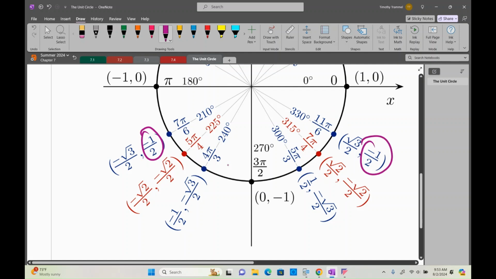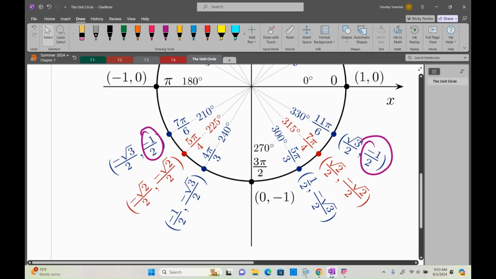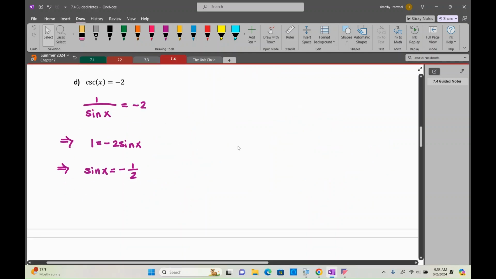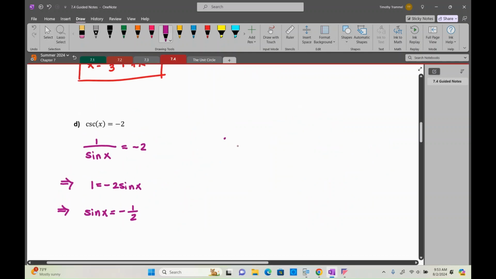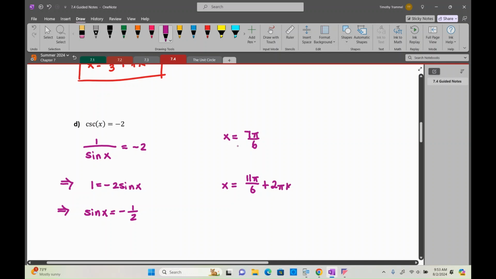So we have 7 pi over 6 and 11 pi over 6, and then everything that's coterminal with these 2 angles.